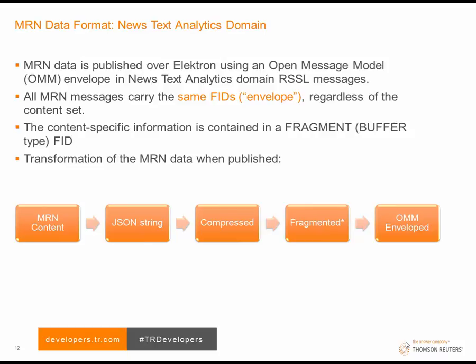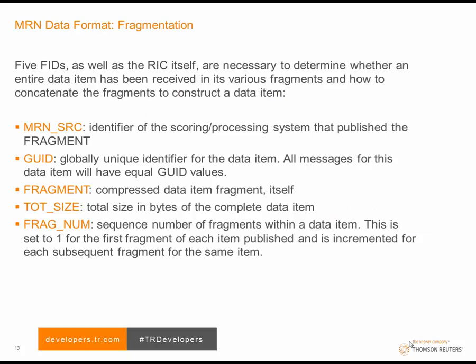When the data is published, it's formatted as JSON strings, compressed, fragmented if the item is too big to fit within one update, and enveloped to be published. 5 fits, as well as the rig itself, are important to determine how each item is being received and how the total original item can be reassembled from the received updates.